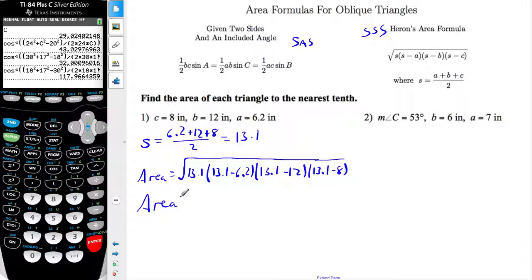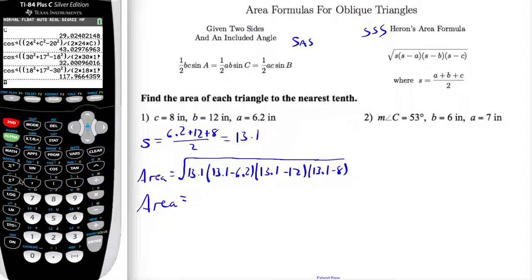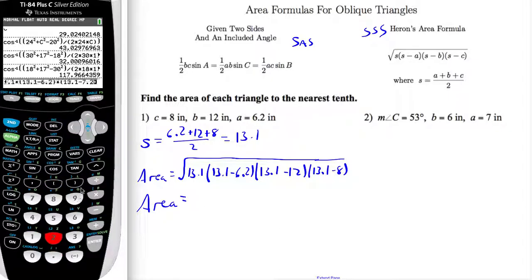So the area is equal to, let's find this out. We get the square root of 13.1 times 13.1 minus 6.2. Now if you notice, what I'm doing is I'm typing all of these in parentheses because there's no need to do this math separately.